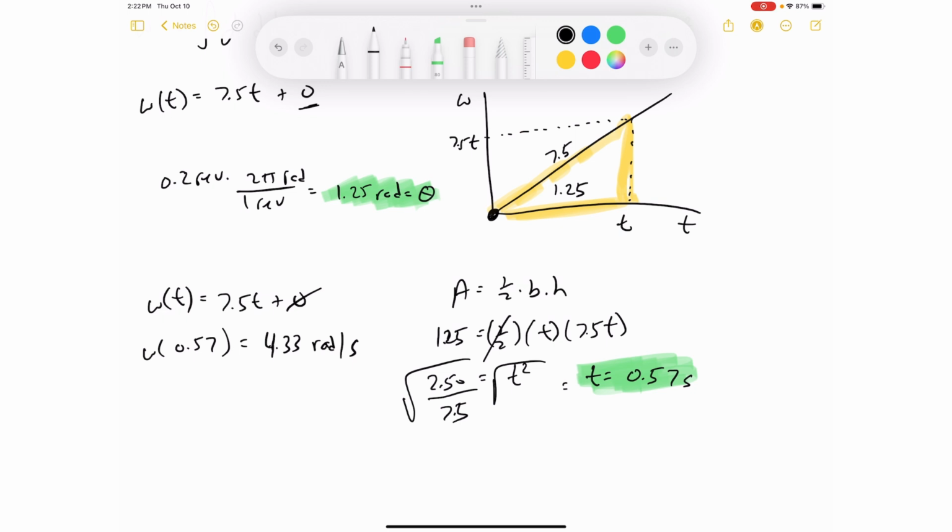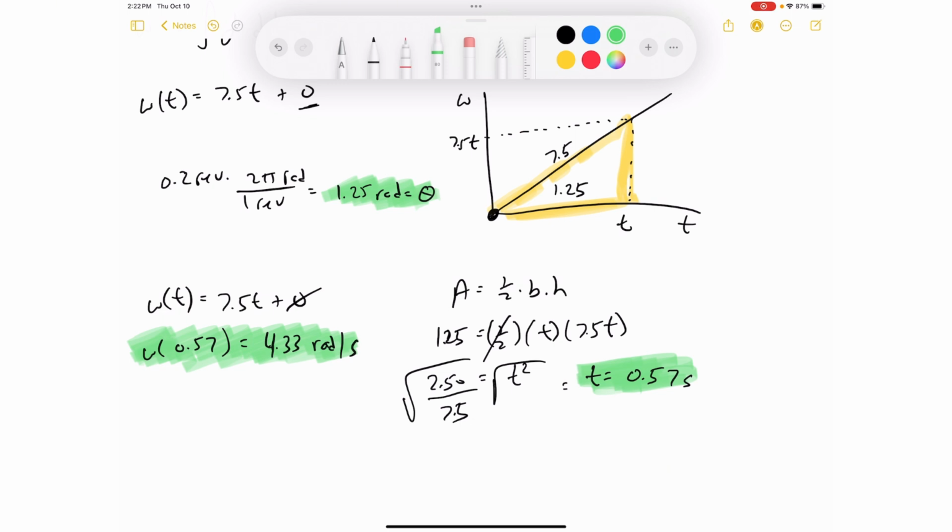So that's how fast we're going in radians per second at t equals 0.57 seconds.